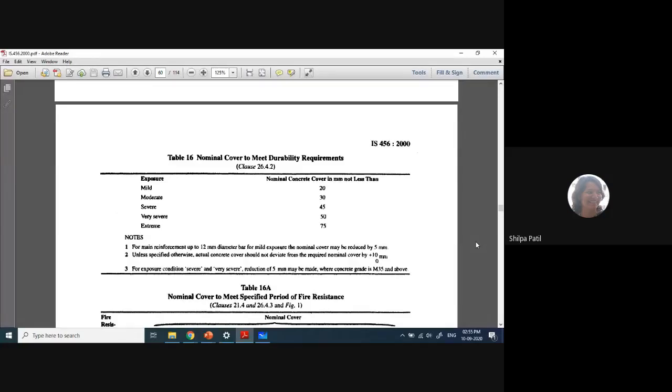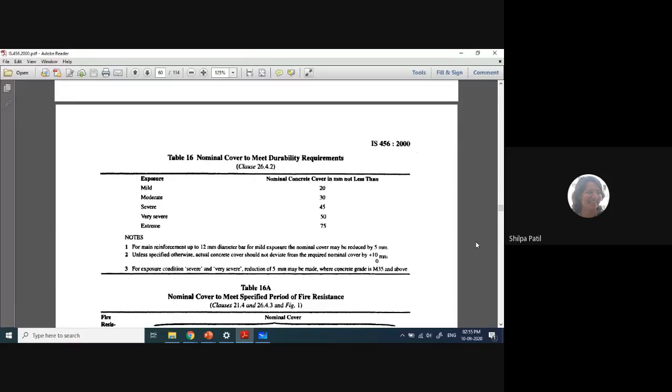For mild, moderate, severe, very severe and extreme exposure conditions, the nominal cover is given. So let us consider that the beam is to be erected in a severe or very severe condition, and let us adopt the effective cover as 50 mm. I'm considering directly the effective value.